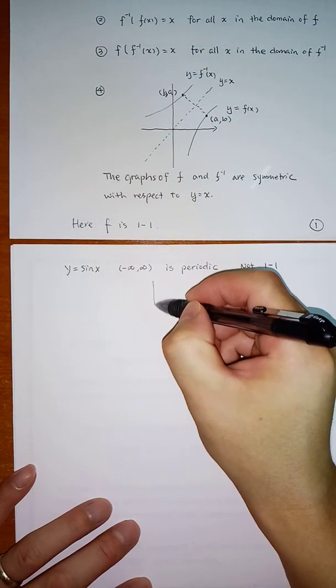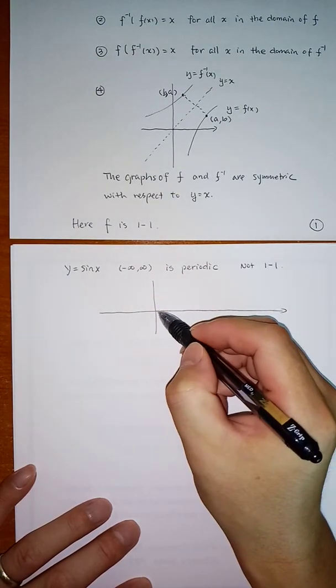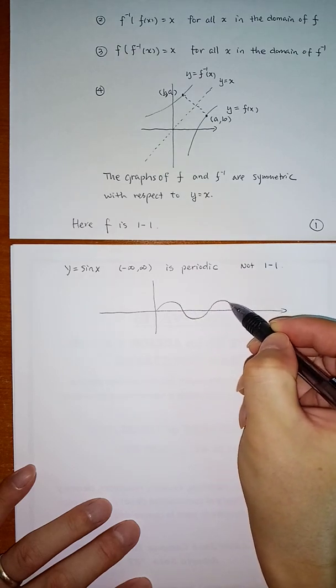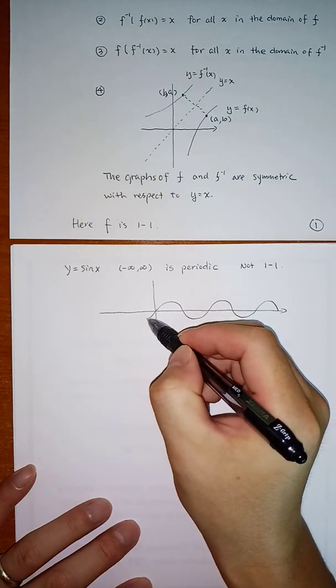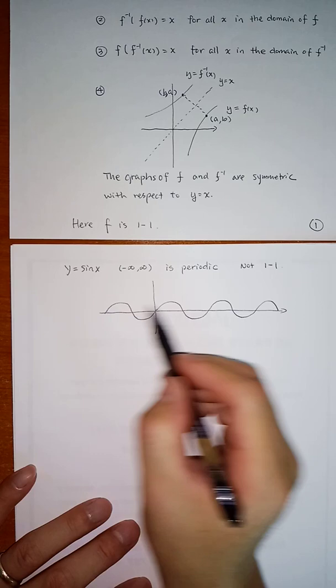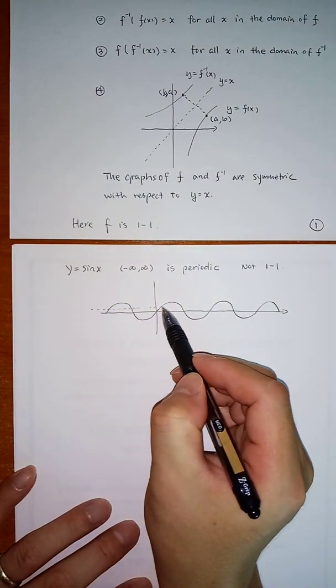You see here, it's a wave, up and down, up and down. Here the same thing, move to the right, move to the left. So even for one value, see the horizontal line test, remember.